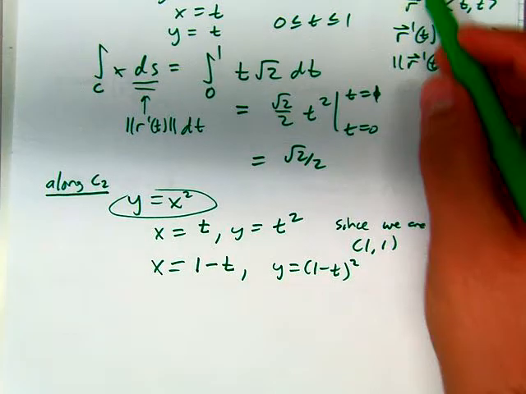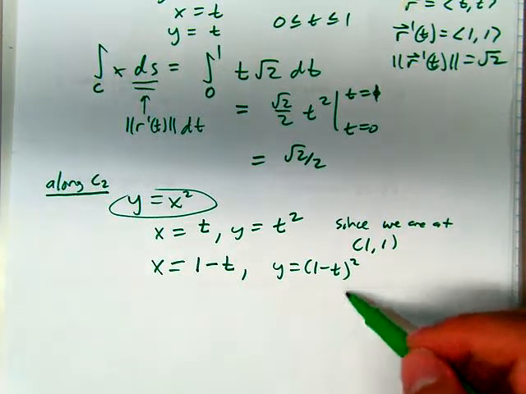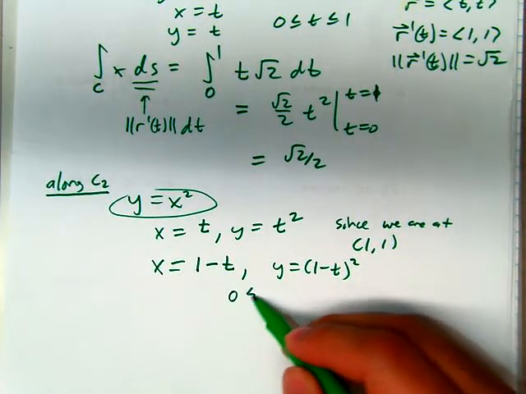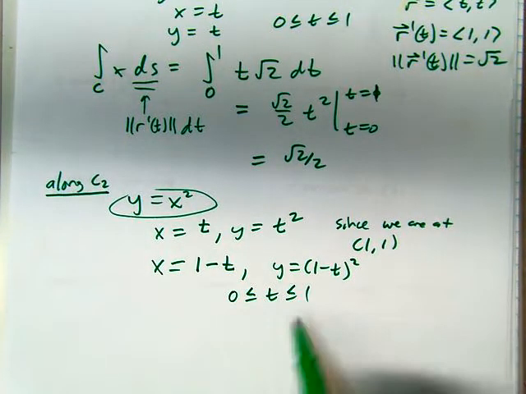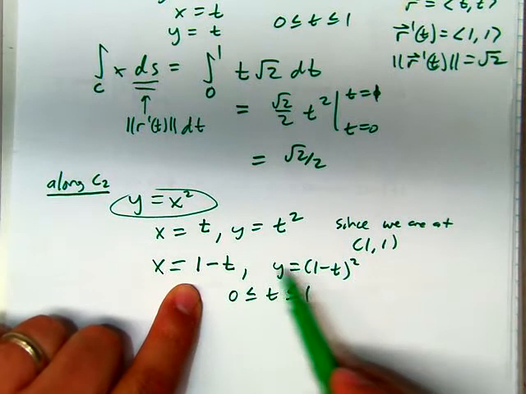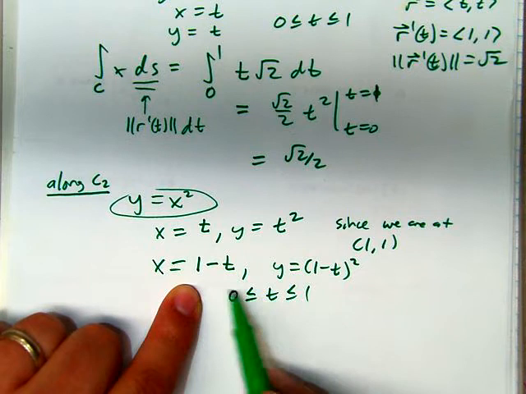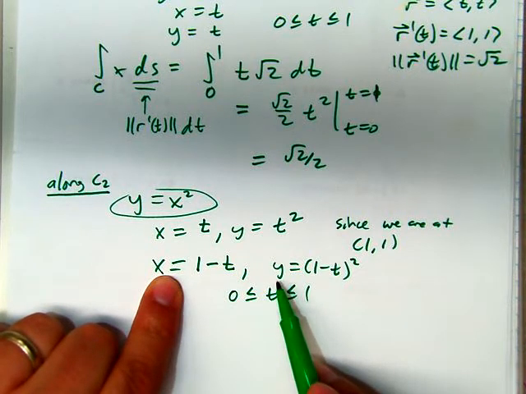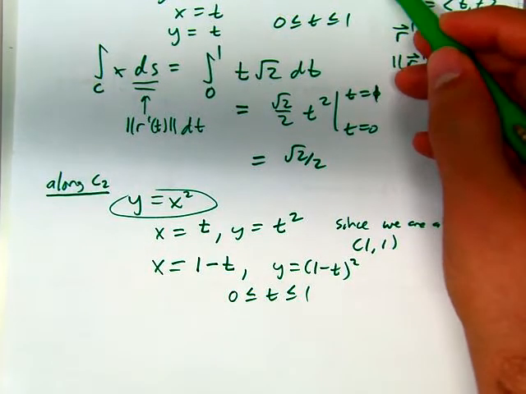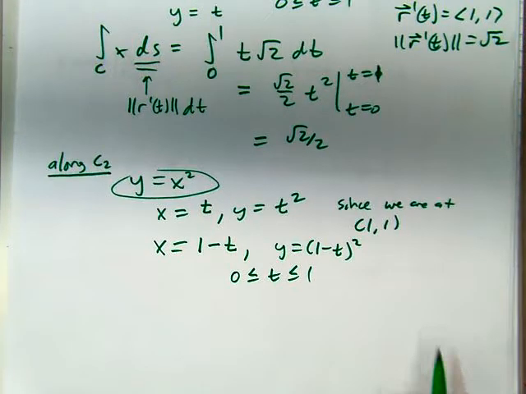This is just to preserve the direction, and you can kind of see here that if we're between 0 and 1 for t, you plug in 0 for t, you get the point x is 1, the point y is 1, but now when you plug in 1, you see that the x and y coordinates are both 0. So we're going from here back to the origin. Okay, so this is the parameterization.